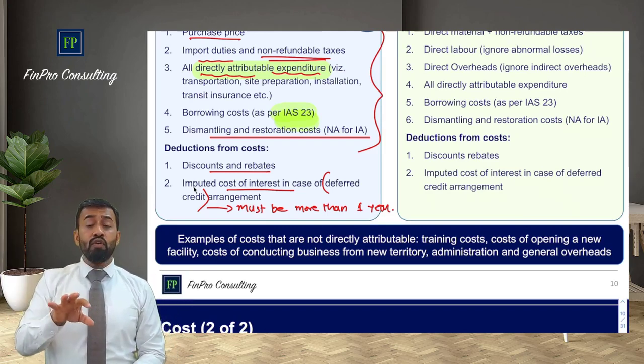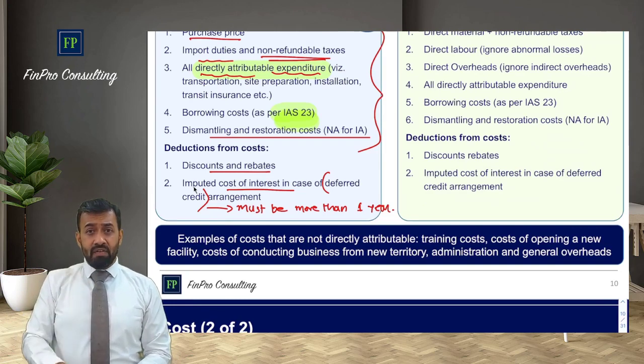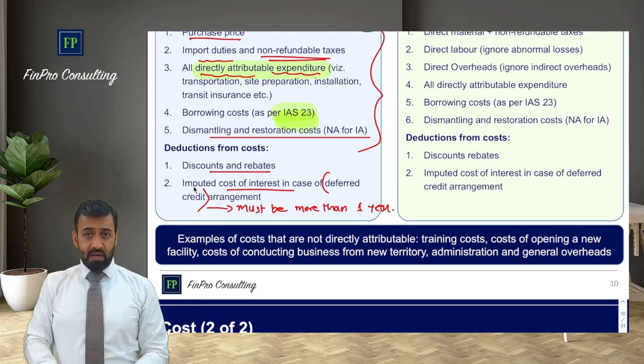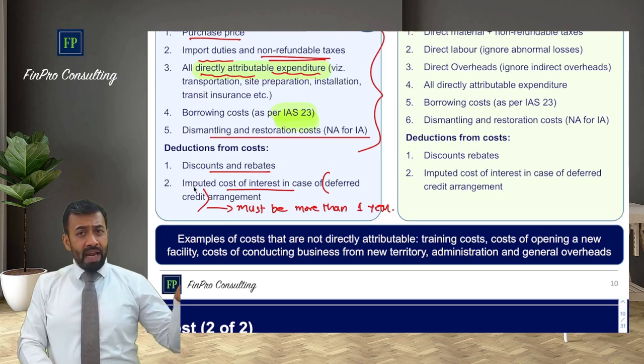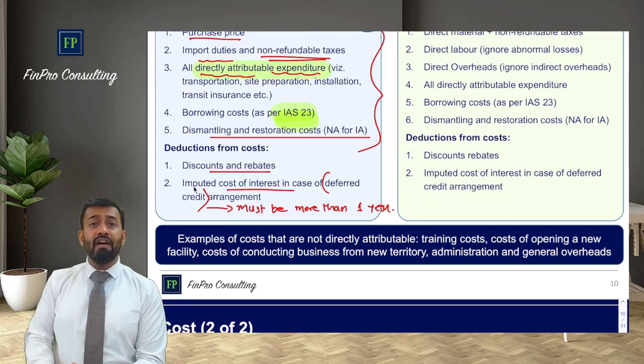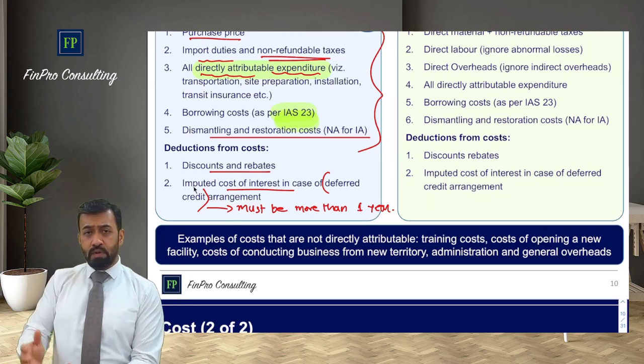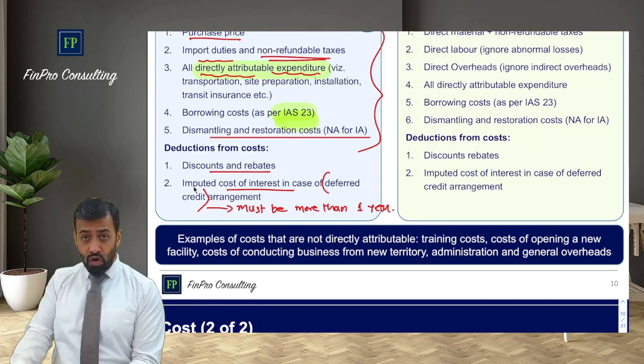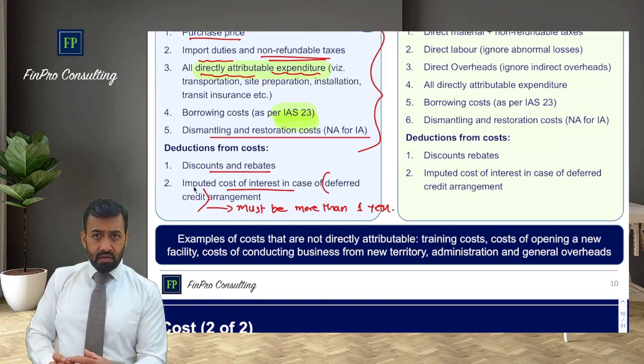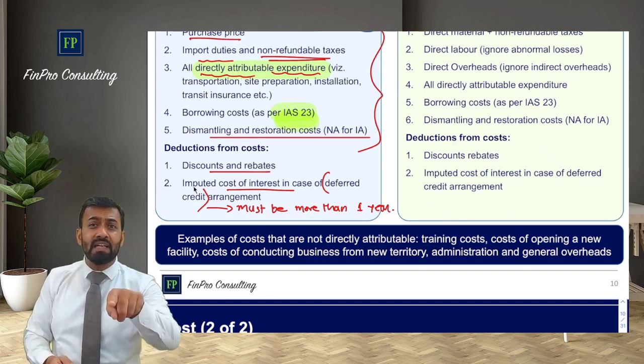That may be equivalent to the applicable interest rate. But I borrowed it, so I would have paid interest here, but my cost of that property, plant, equipment, investment property, intangible asset or inventory also would have been lower by that extent. This extra payment is not towards the cost of the asset.